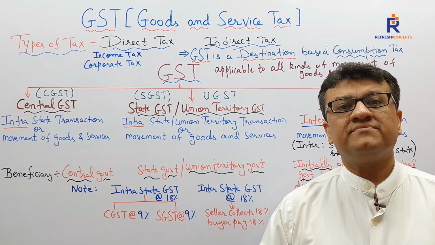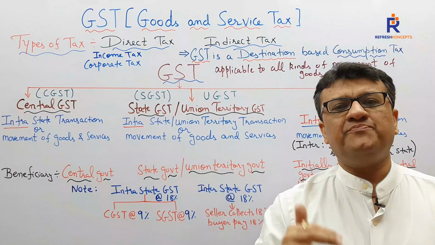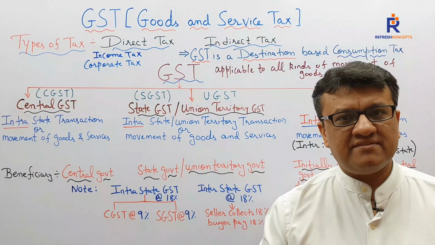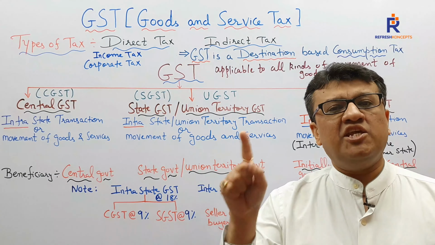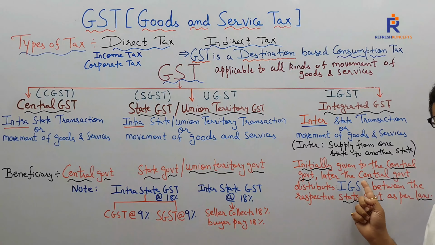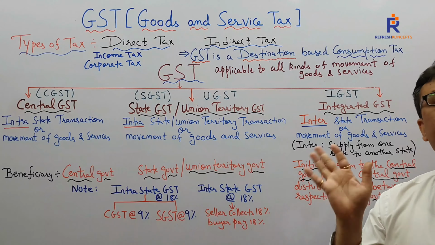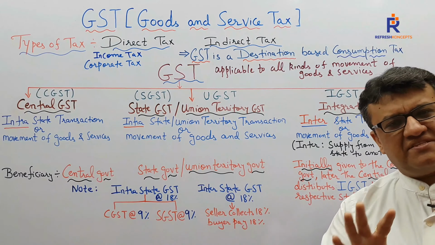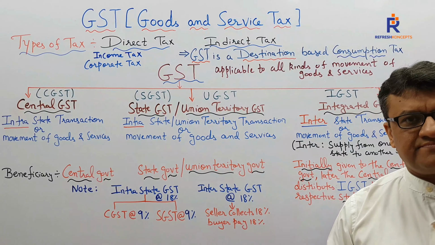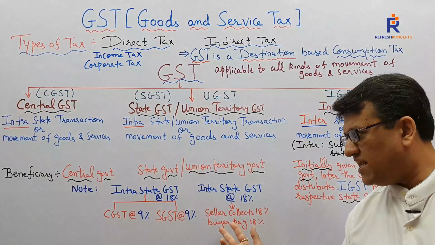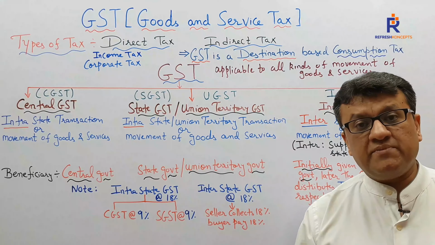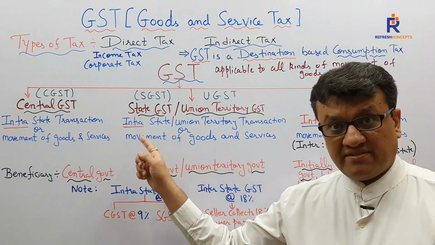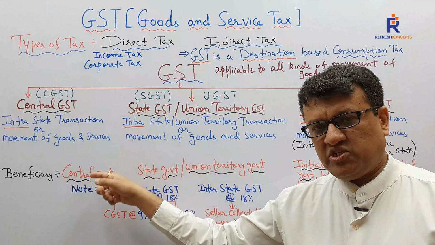So 100 plus 18% of 100, which is 18 rupees. All that 18 rupees initially, as per our definition, will go to the central government, and as per the law, the central government will distribute this 18 rupees among the states. There is no bifurcation in IGST, but there is very much bifurcation in intrastate, SGST and CGST.